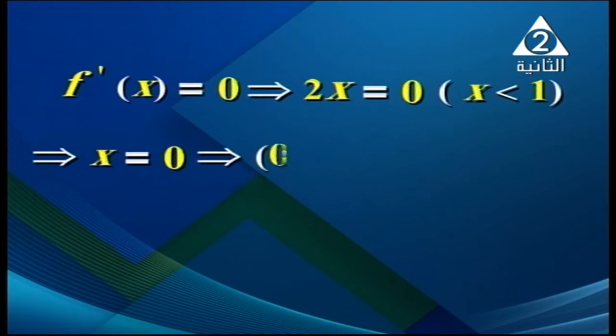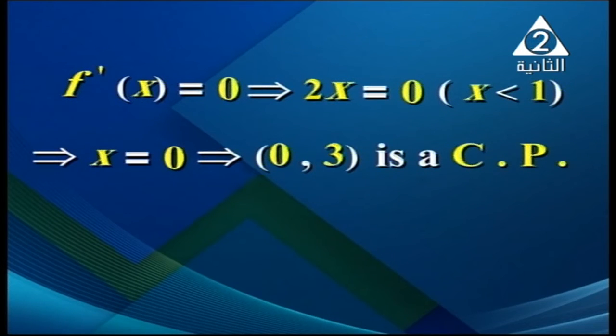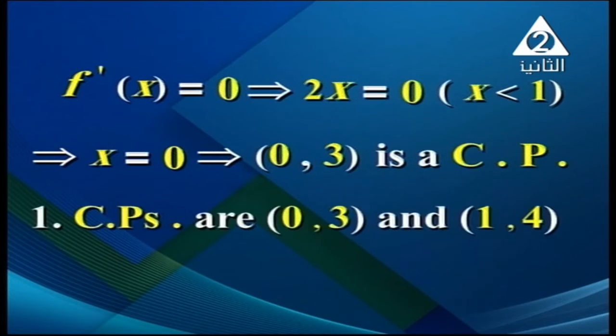What is the critical point when x equals 0? The critical point is 0, 3. We have two critical points: the first critical point 0, 3, the second critical point 1, 4.